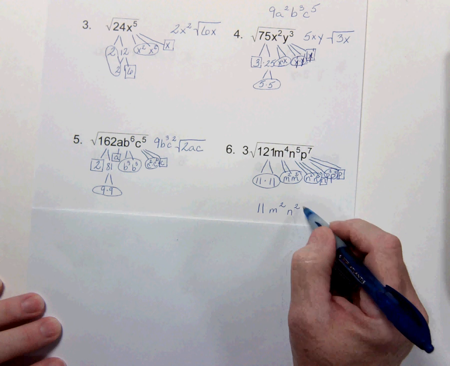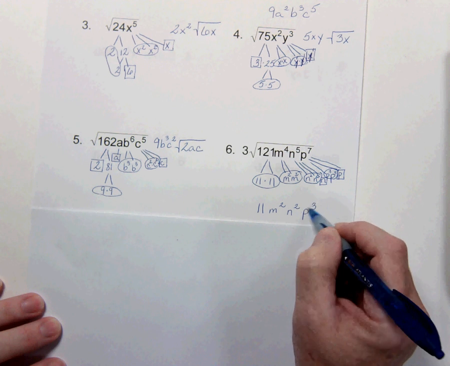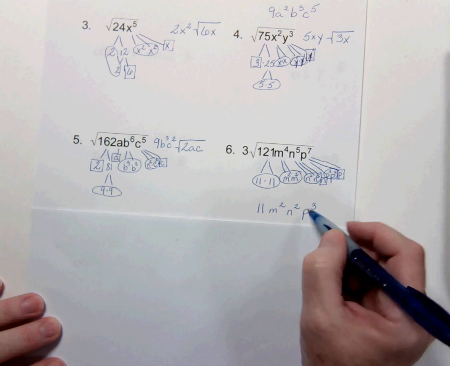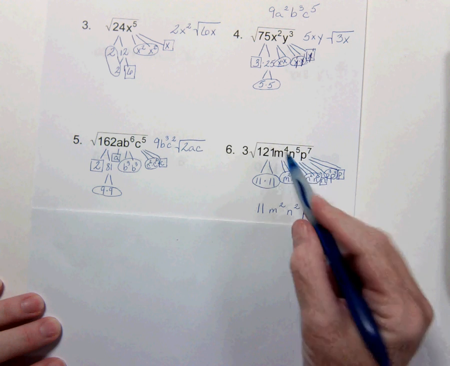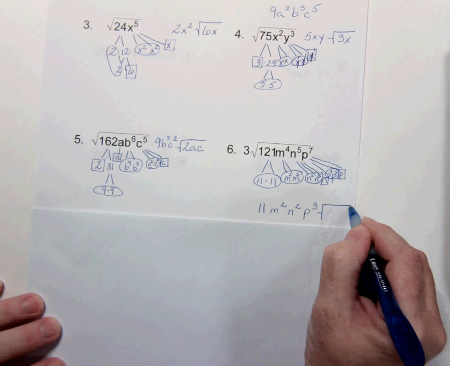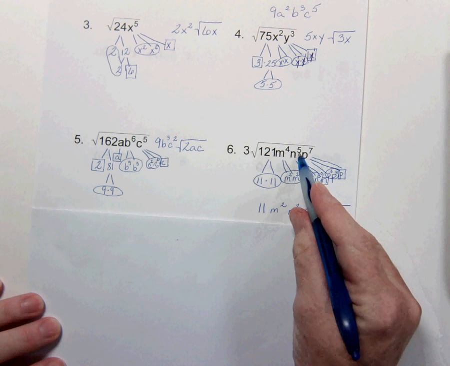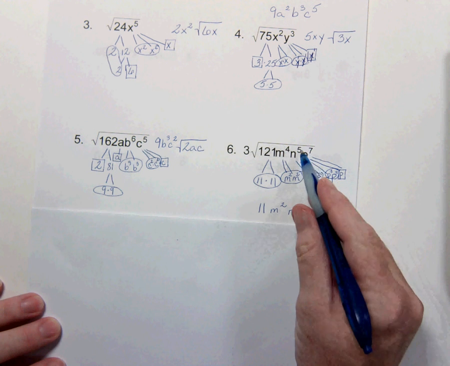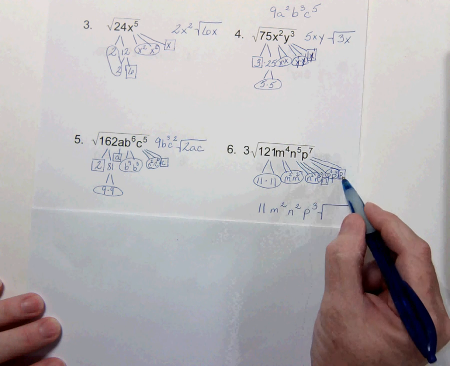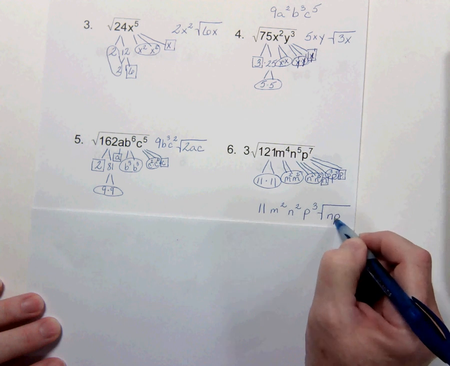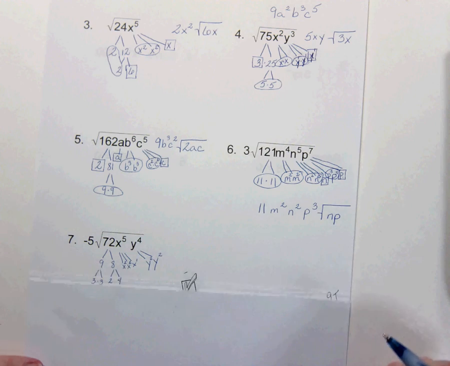So all 3 variables have pieces of them factored completely outside the radical. But there were a couple of them that had to stay inside because they were odd numbers. So you have an n because of an odd number, and you have a p because of an odd number. So that's your answer. Last one.